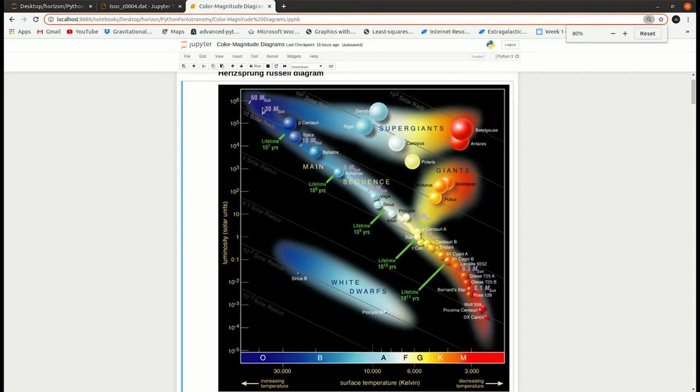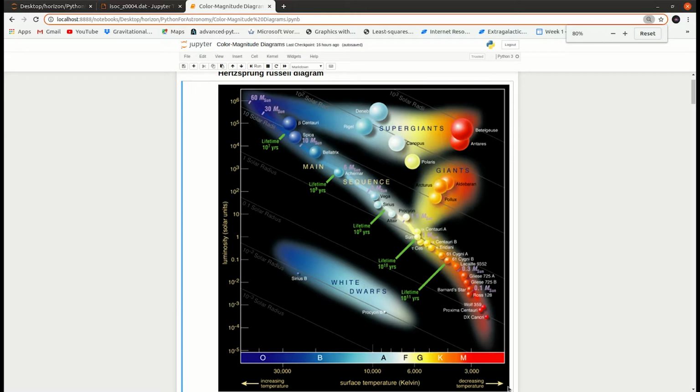The more massive a star is, the more luminous it is. You can see this one is around 60 solar masses, and it's around 10 to the power 6 solar luminosity units. Going down, the luminosity decreases, and also the mass decreases.